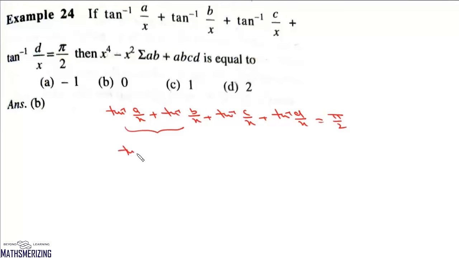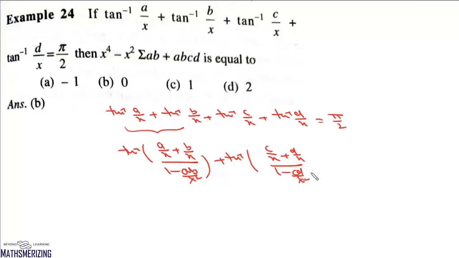We can write this as tan inverse of a upon x plus b upon x over 1 minus ab upon x square, and in the same way we can write this as c upon x plus d upon x over 1 minus cd upon x square, and it is equal to pi by 2. So we'll get tan inverse of a plus b times x upon x square minus ab, and we'll take this expression on the right hand side.